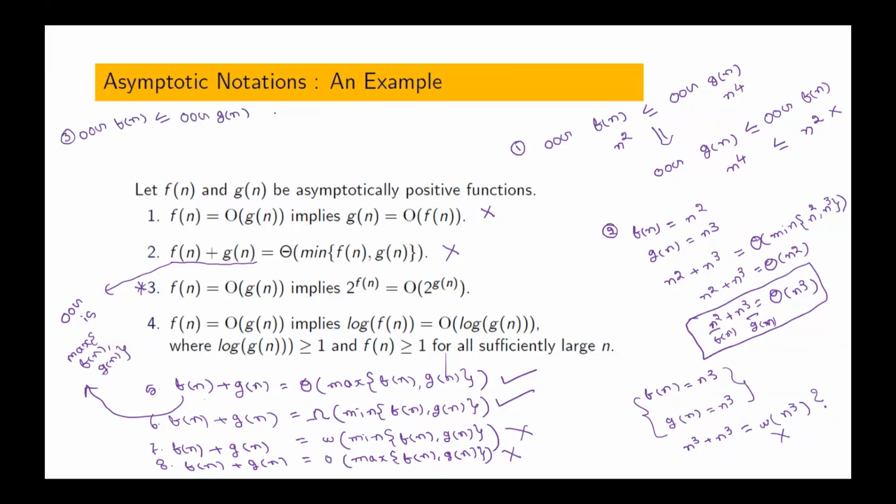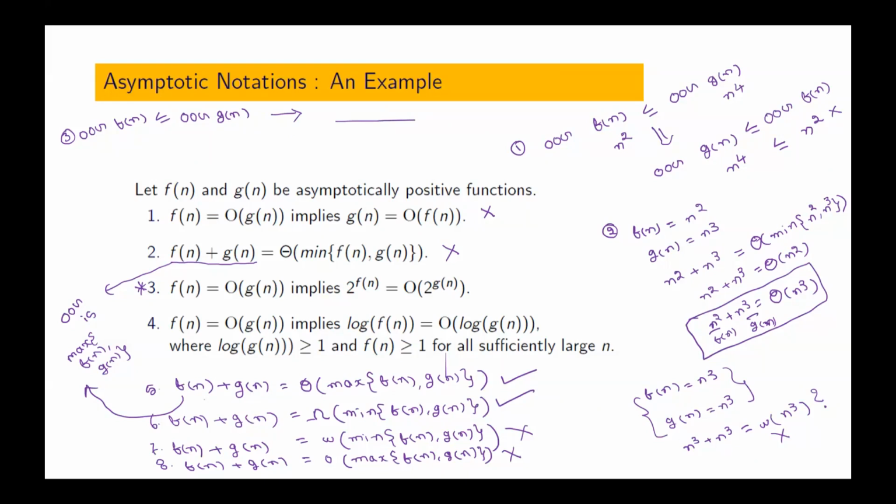This implies something. Is that true or not? Yes, it is true.